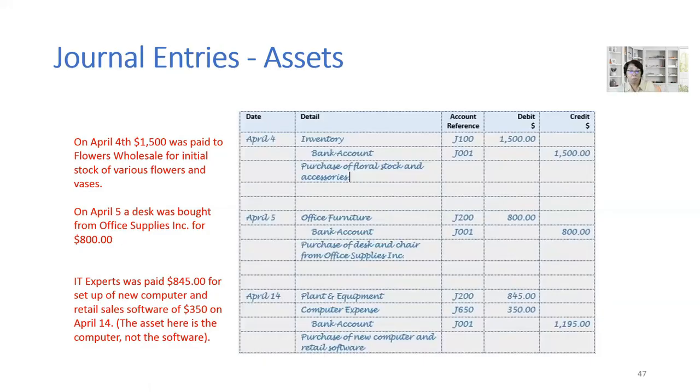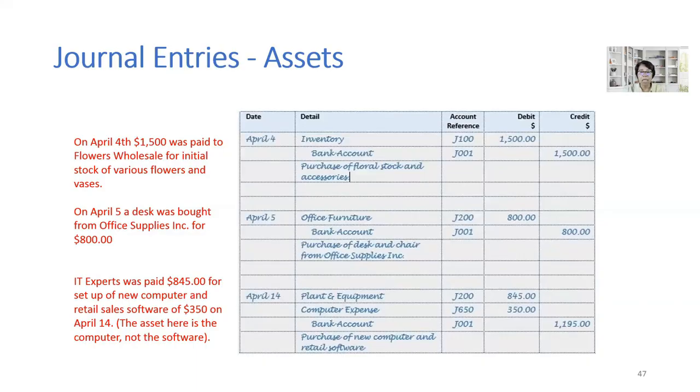Now this, I don't know if you remember, I mentioned debits have to equal credits, but sometimes it can be split. This is called a split transaction, but it still balances. So they bought plant and equipment, I guess plant means for your company, of $845. Okay. The asset here is a computer, not the software.